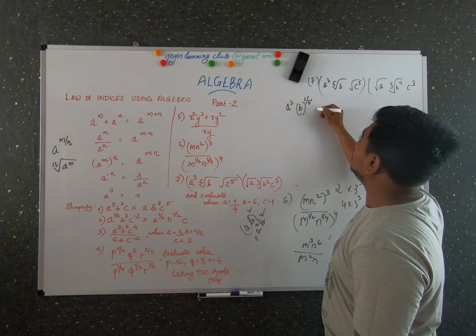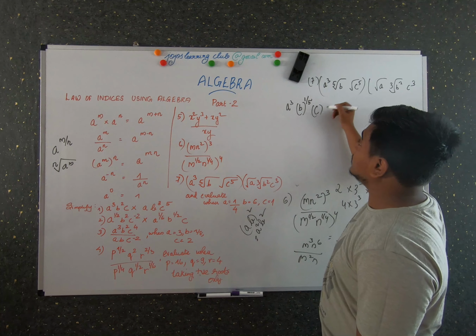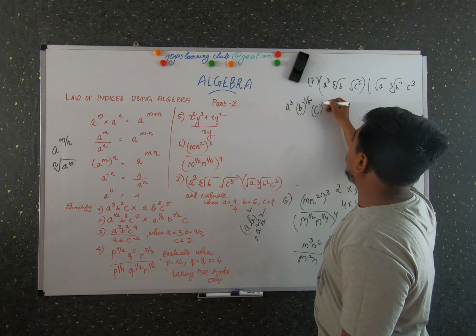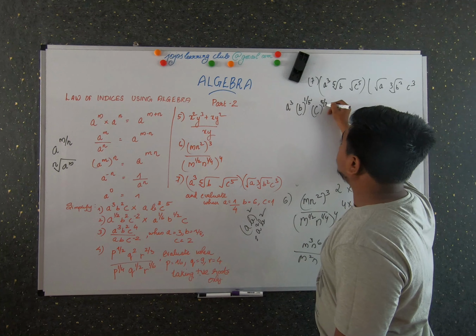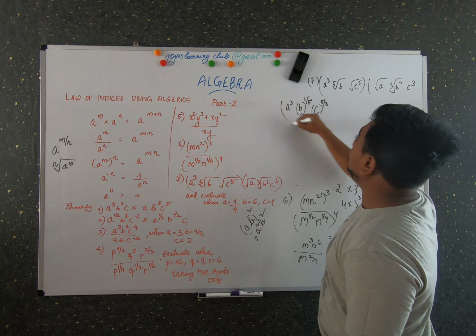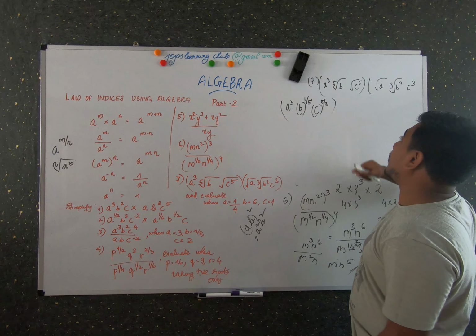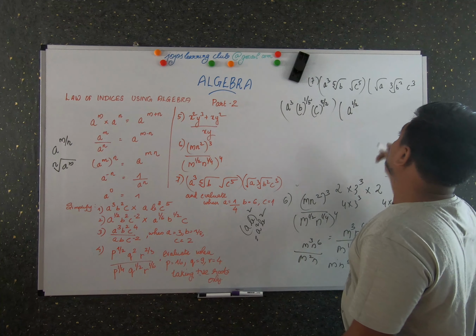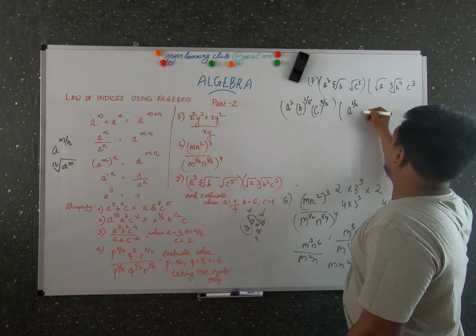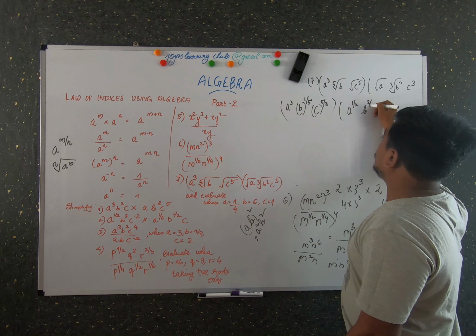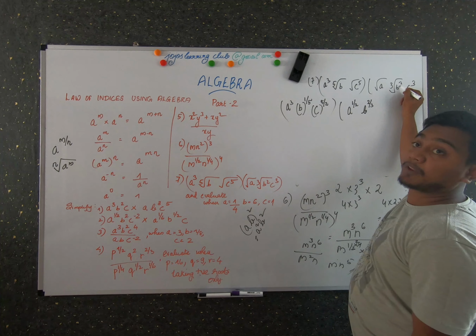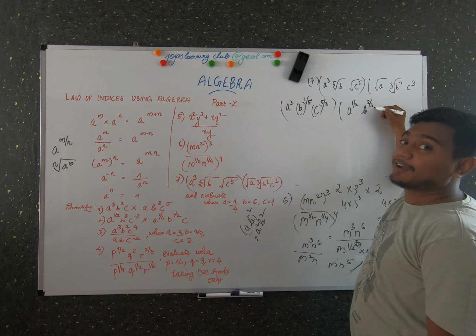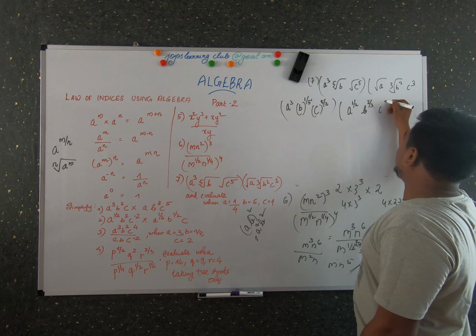And here it is a square root, so c raised to 5 by 2. Again, for the denominator, it is a raised to 1 by 2, and b raised to 2 by 3, where 2 is the power value and 3 is the root value, okay? And c cube.